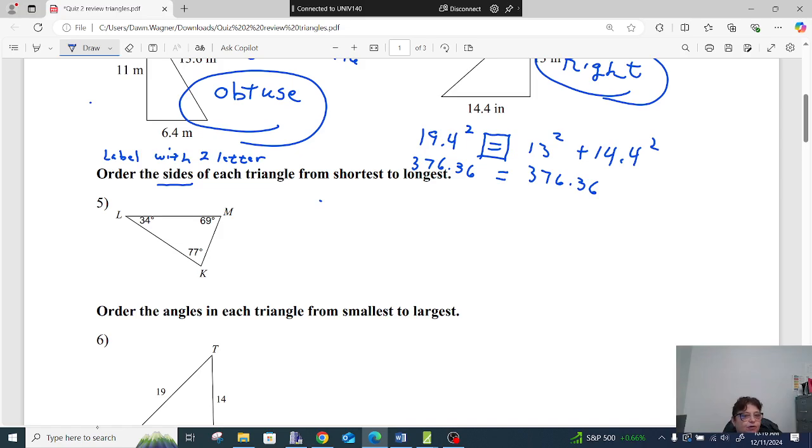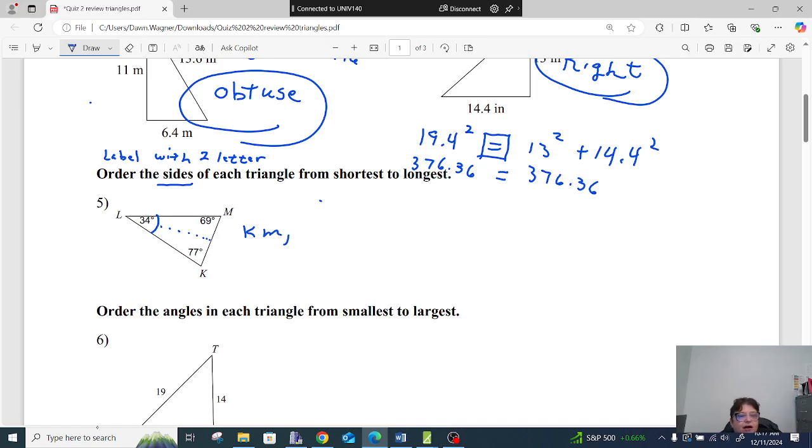What do you all agree, 34 degrees is your smallest angle? So here's my smallest angle. Opposite means straight across is going to be the shortest side. So what's the shortest side? KM.